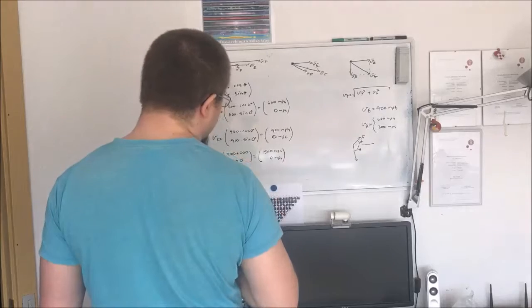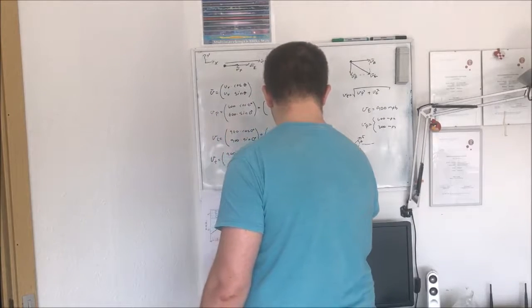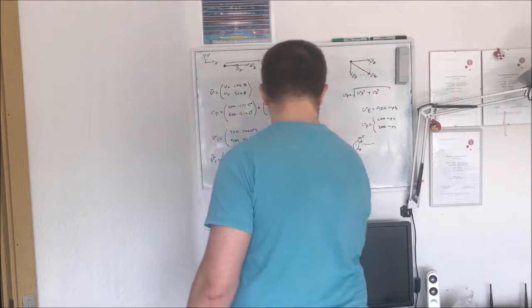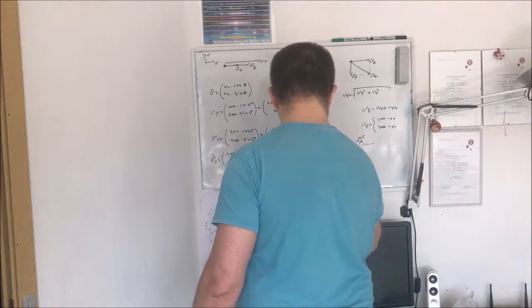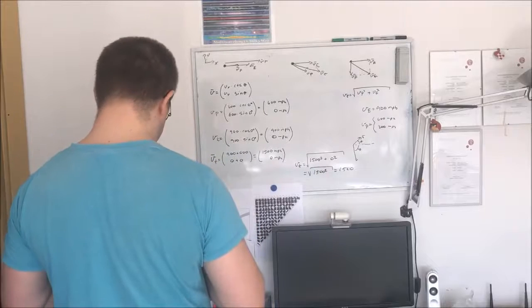Let's just try to invoke Pythagoras on this. So the total, this is a vector, the total size is the square root of 1500 squared plus 0 squared. That is also equal to the square root of 1500 squared, which is equal to 1500. It worked. Nice.